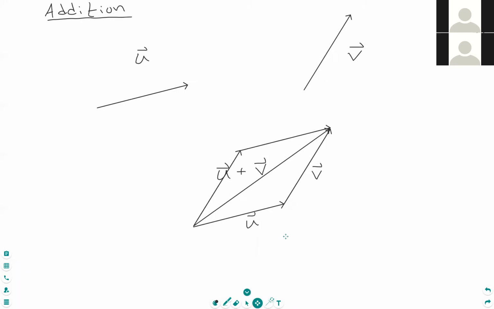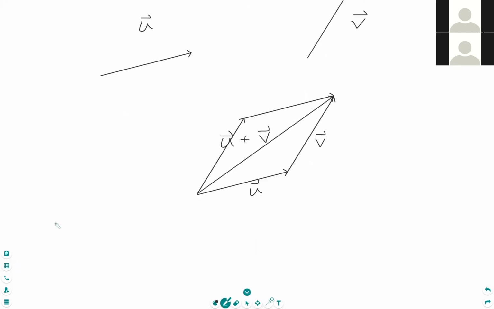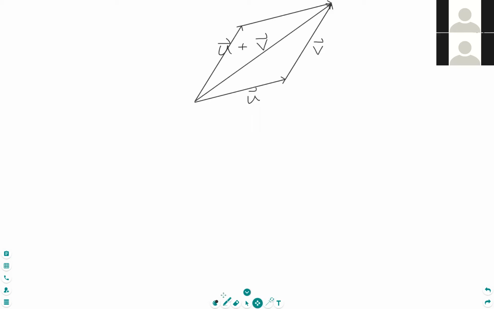Okay. So another name for this property, let's scroll down a little bit more. This is also known as the triangle law.